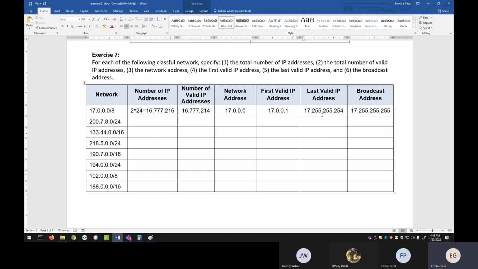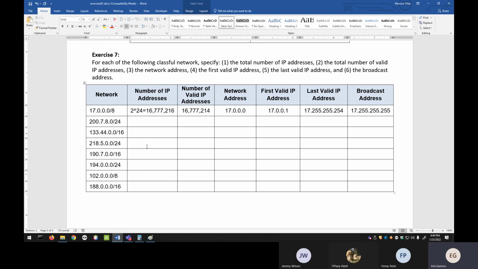Let's do the second exercise. We can go to binary, but if we go to binary, we lose more time. We can do it directly in decimal. We can get used to it and do it directly in decimal. So in the last one, in the second row, we have this network, 200.7.8.0/24. They ask us, how many IP addresses in total do we have in this network?